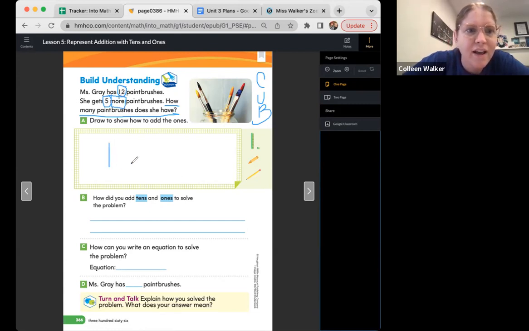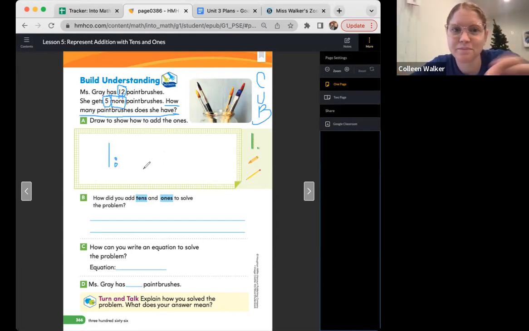There's 1. And in the number 12, how many ones are there? Yes, if you said 2, you are correct. 1, 2. So we just drew the number 12. How many more paintbrushes did she get? That's right, she got 5.